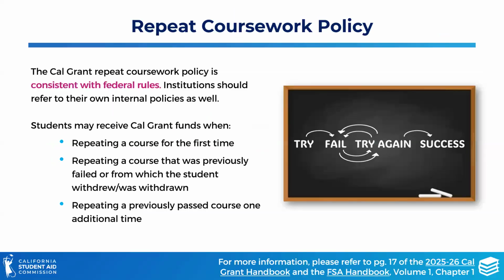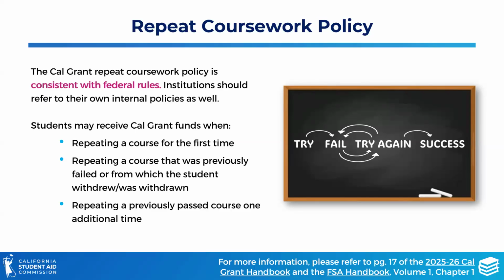Now let's talk about repeat coursework. Cal Grant follows the federal rules for repeat coursework, which makes it easy because I'm sure most of your schools are having to implement this policy for Pell Grant or for other Title IV aid. Institutions should also refer to their own internal policies, but across the board, Cal Grant is going to follow those federal rules.